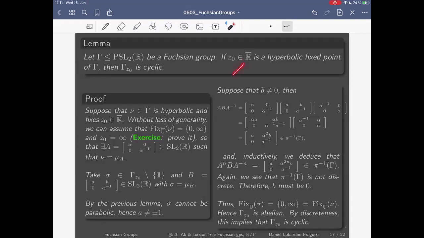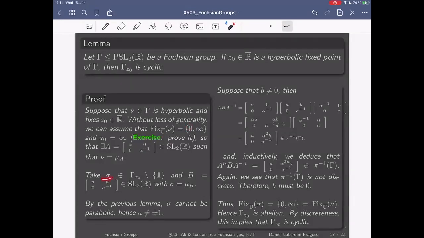The idea is, of course, you have the upper half plane, and the hyperbolic elements either scale everything in this direction, so make everything bigger or everything smaller, and fix 0 and infinity.